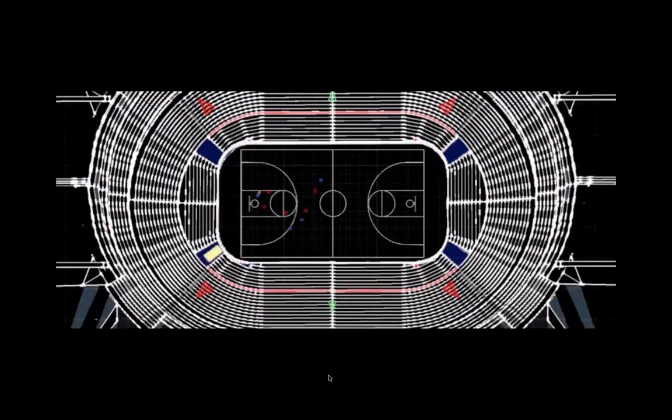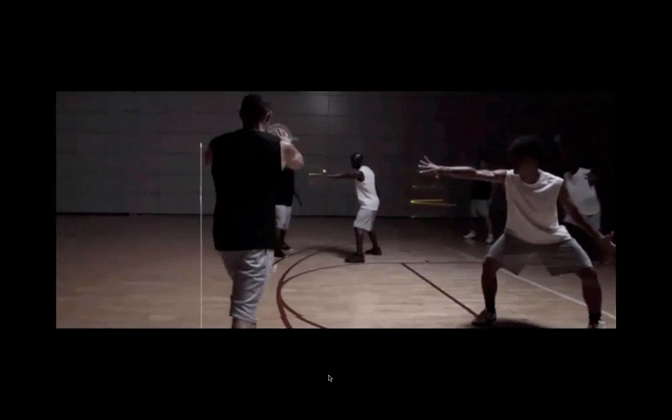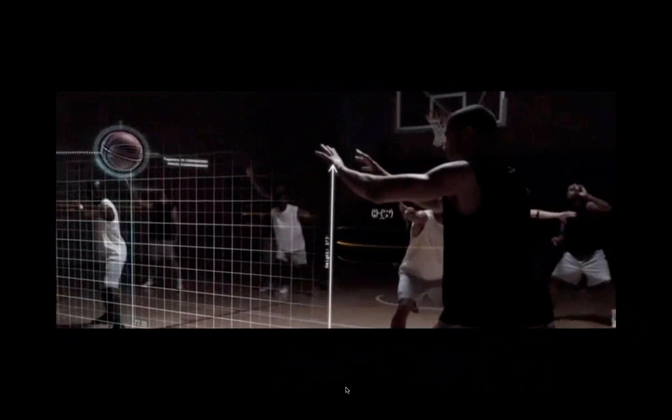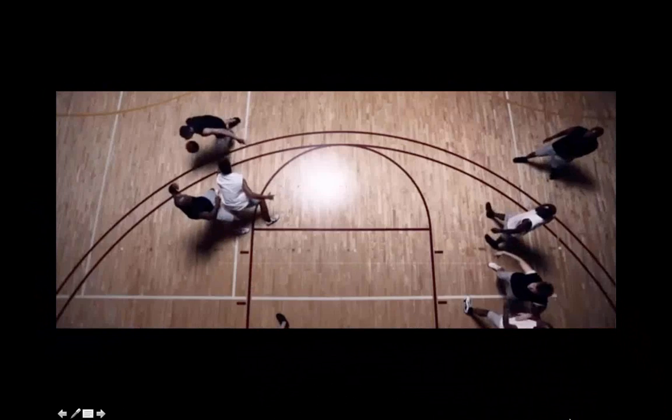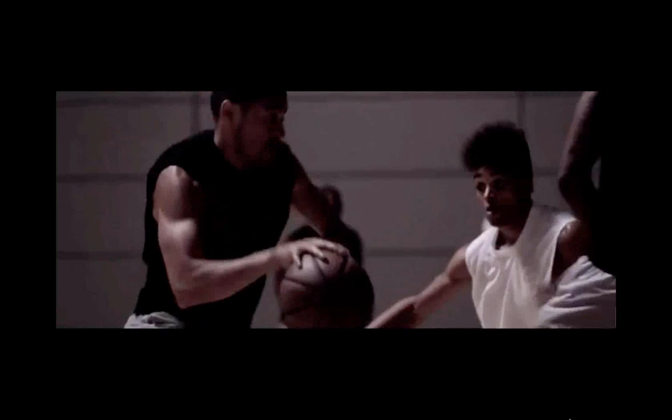Now with this new optical tracking data, you get to see the game in a way that you can never see it before. So the question is, how do you translate that data into something that can help them win? Before, taking a long two-point shot was a bad idea because it helped.